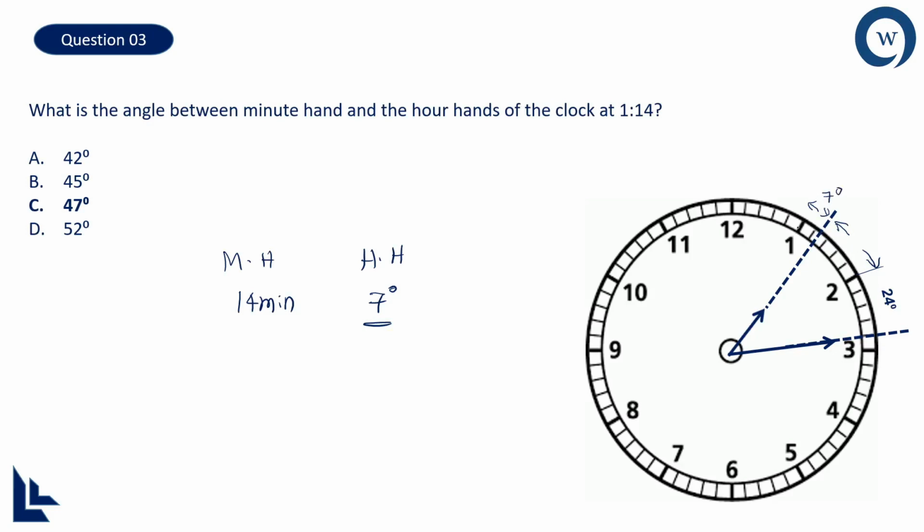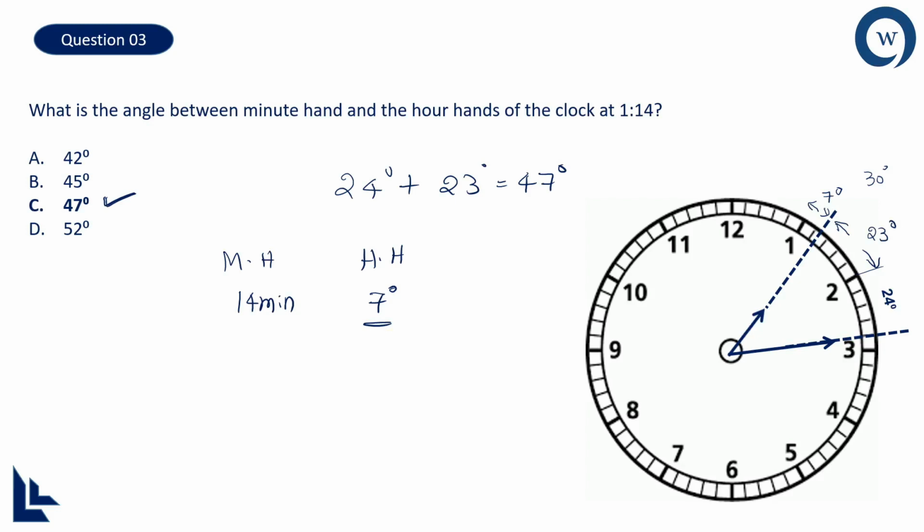And we know that from 1 to 2, the distance is 30 degree, right? Out of that, 7 degree is done already. Remaining will be 23 degree. Now your answer will be 24 degree plus 23 degree, which is 47 degree.